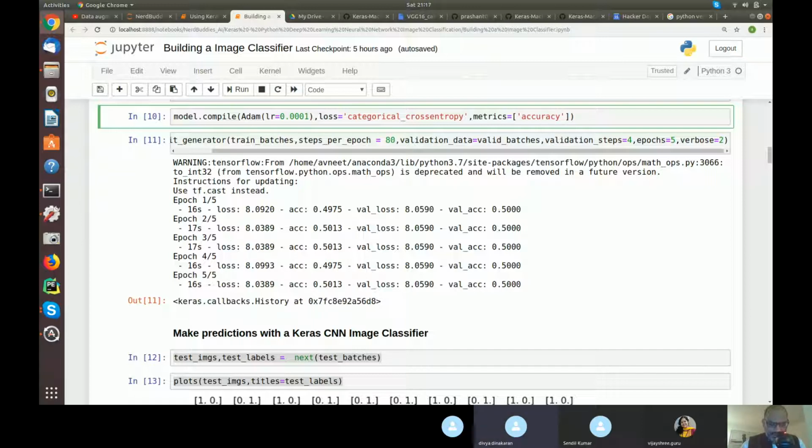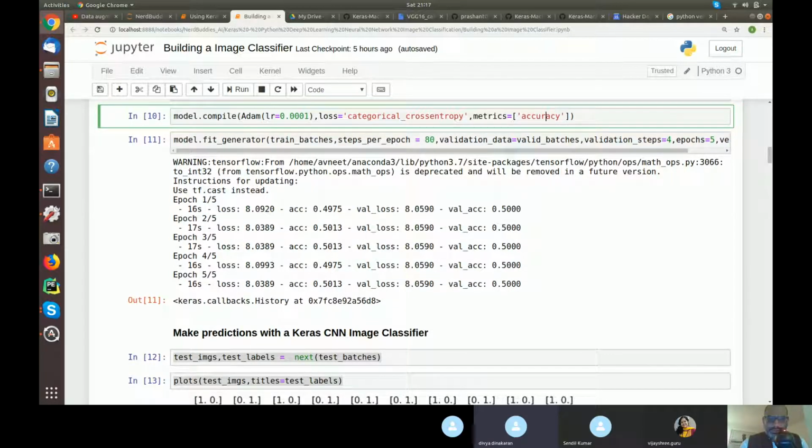What's the accuracy? 90. Correct. So the accuracy is 90%, or in terms of numbers, 0.9. So that's where we define what algorithm to use, what loss function to use, and how to measure what the algorithm is doing.